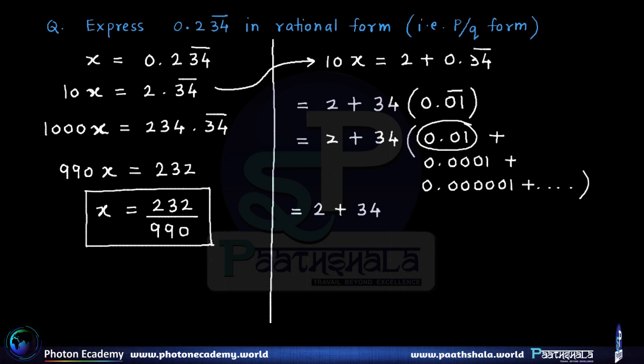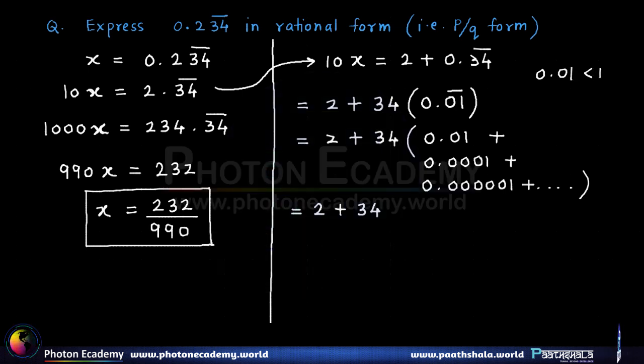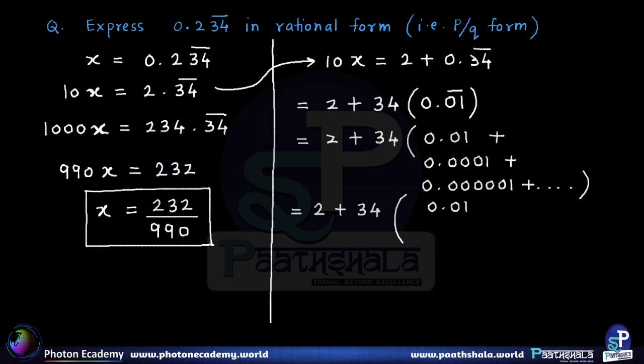So as we see, 0.01 is a common ratio which is definitely less than 1, and there are infinitely many terms inside the bracket, so the bracket represents nothing but an infinite series and its sum can be given by the formula a upon 1 minus r, where a is the first term which is 0.01, upon 1 minus r, which is also 0.01.